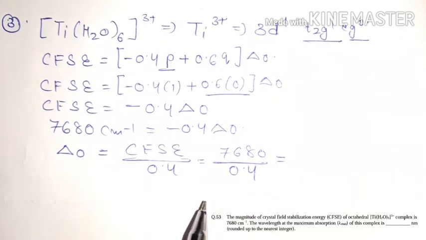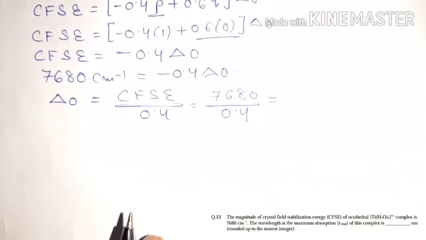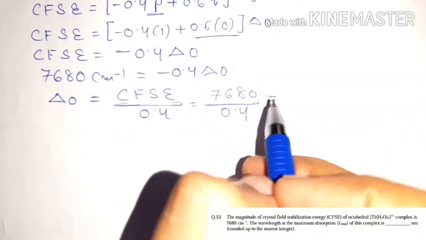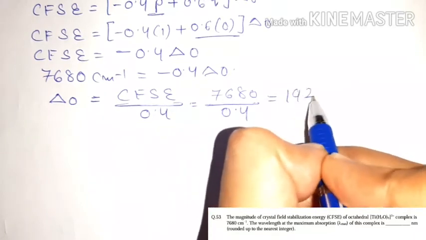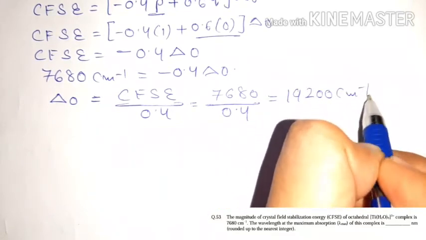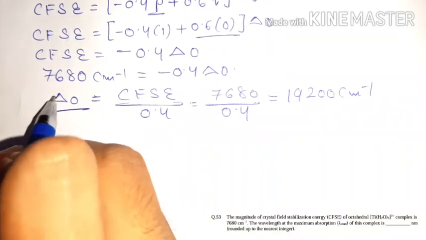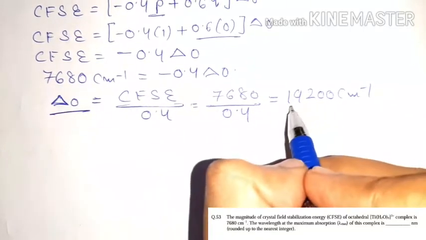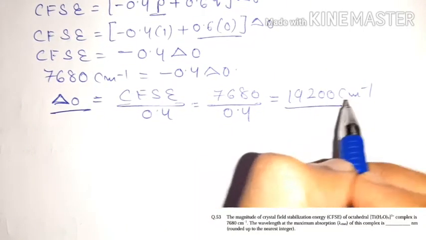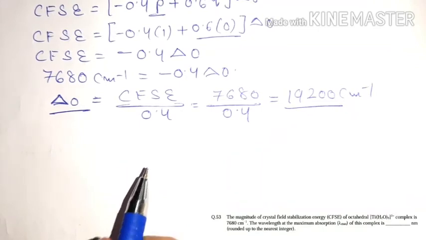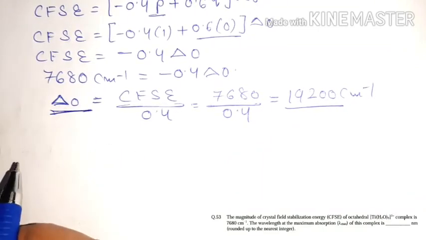And when you solve this, we have the value of ΔO as 19200 centimeter inverse. So remember, we have the value of crystal field splitting energy as 19,200 centimeter inverse. Okay, this is also a value of energy.